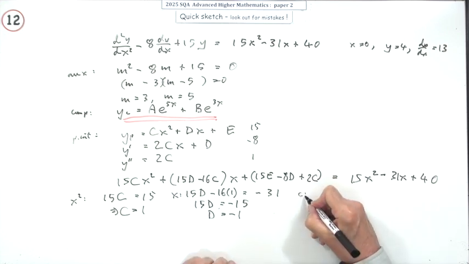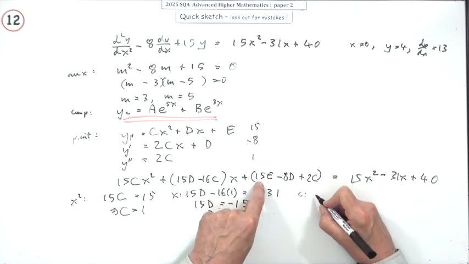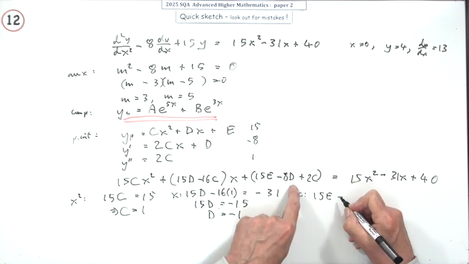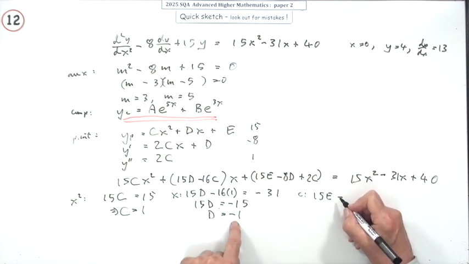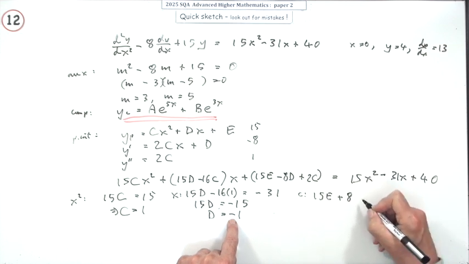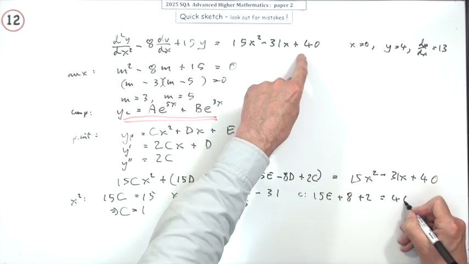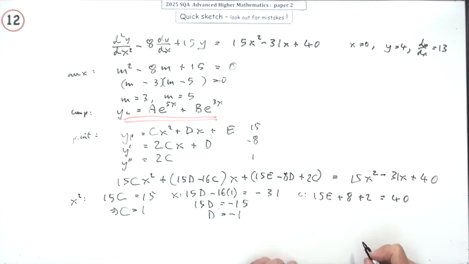And then finally go to the constant term. So you've got 15e, but I know this, 8 lots of d, notice that minus 8, I'm just going to go straight in with this now, so that's actually plus 8, plus 2c, plus 2 should come to 40, well 10 away from 40 is 30. 15e equals 30, so e equals 2.